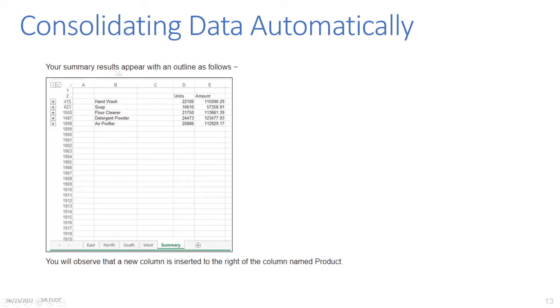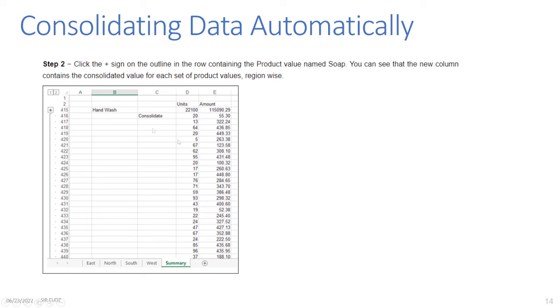Your summary results appear with an outline as follows. You'll observe that a new column is inserted to the right of the column named Products. We have here a new column. Click the plus sign on the outline in the row containing the product value named soap. You can see that the new column contains the consolidated value for each set of product values, region-wise.